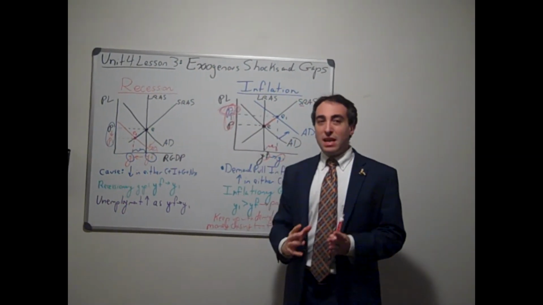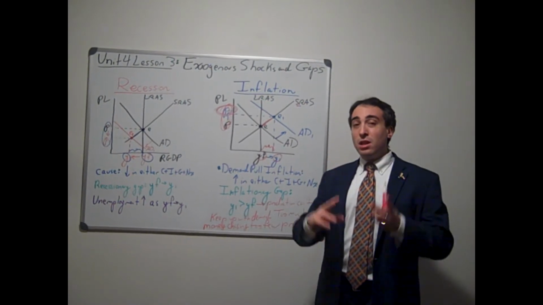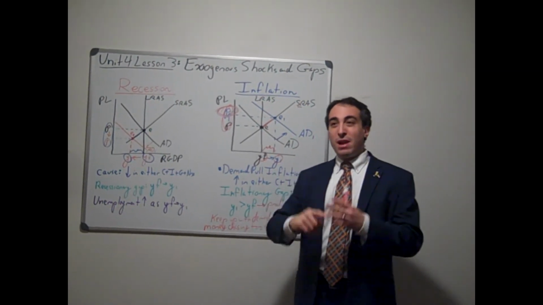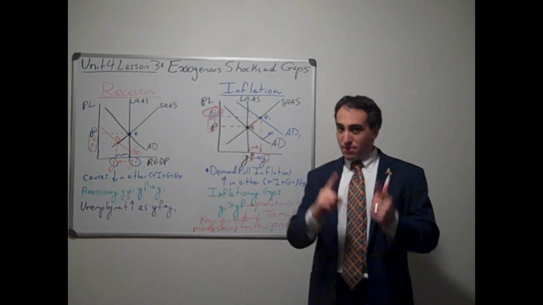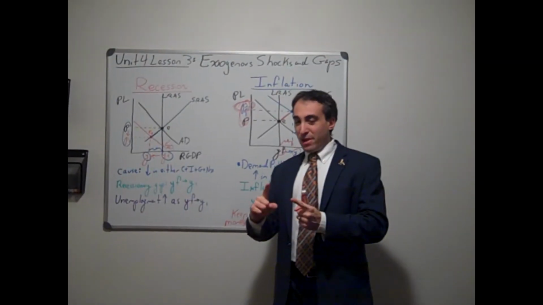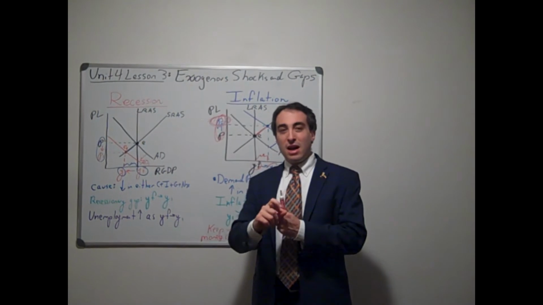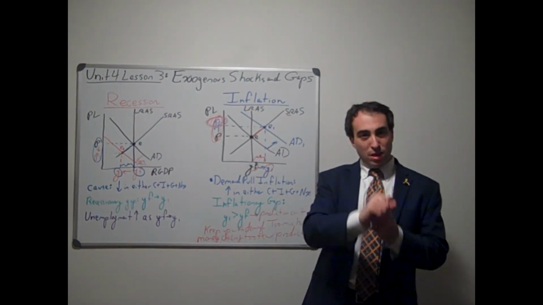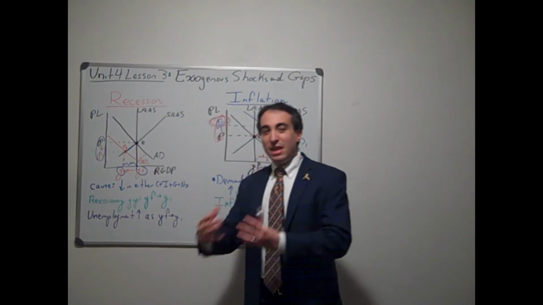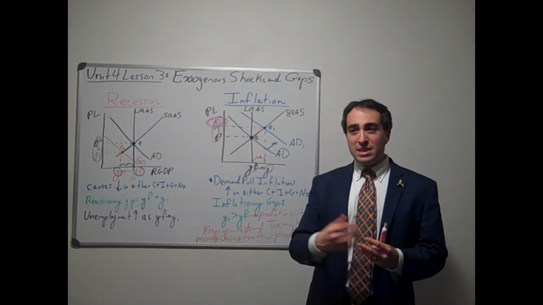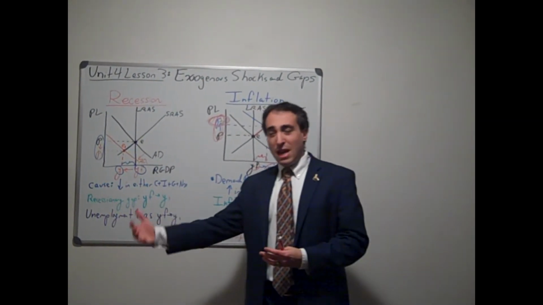Now for the AP test, you have to be careful, if you're asked to draw these, of how the question is phrased. Is the question phrased: an economy starts out at equilibrium, and then the situation happens? If that's how it's phrased, then draw the situation happening.